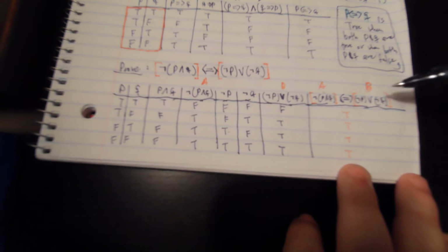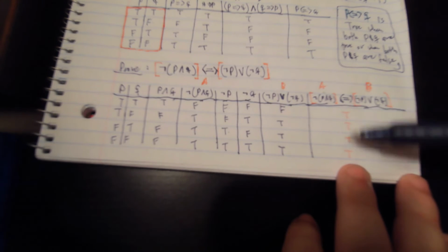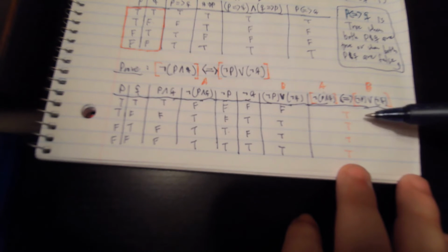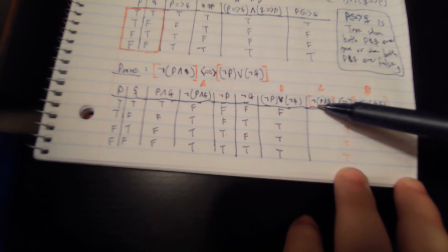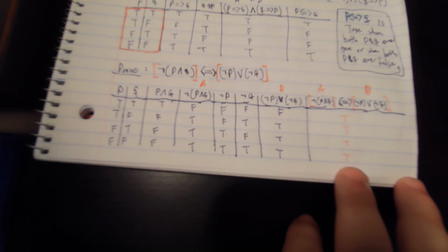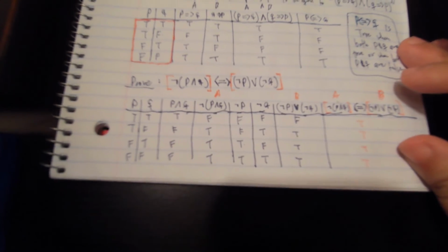At least this is one of them. There's a second De Morgan's law, which I think we have time for. This is one way to prove that two statements are equivalent, meaning that this statement right here is equivalent to that statement.